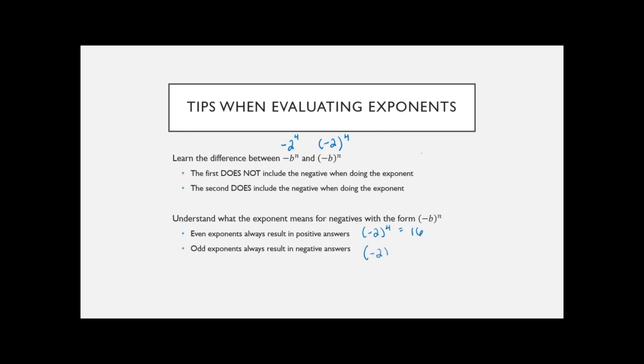But if I have negative 2 to an odd exponent like 3, I'm going to get a negative answer, so that would be a negative 8. Because in that case, if you have 3 negative signs, 2 of them cancel out, but the third one doesn't, and so you're still left with a negative there. So understanding how exponents work in regards to positive and negative numbers can make your life a lot easier when you're going to be evaluating exponential expressions and when you're simplifying things with exponents.